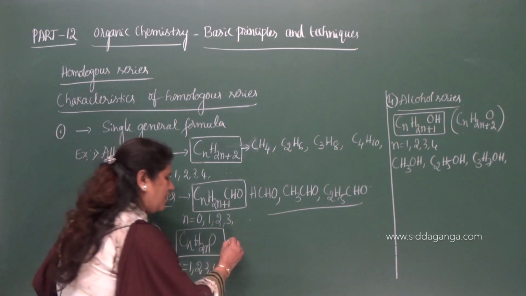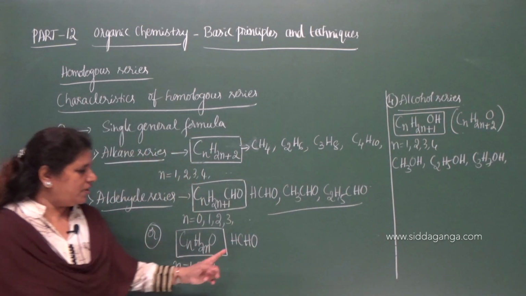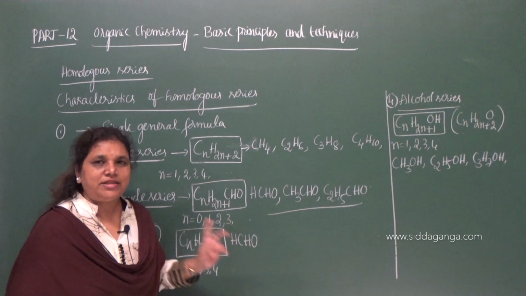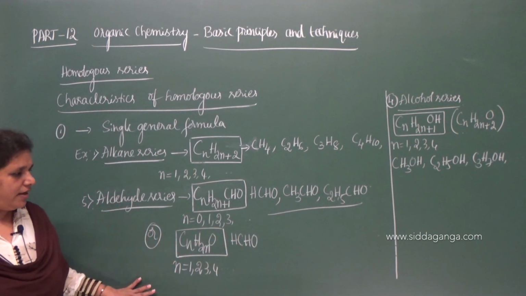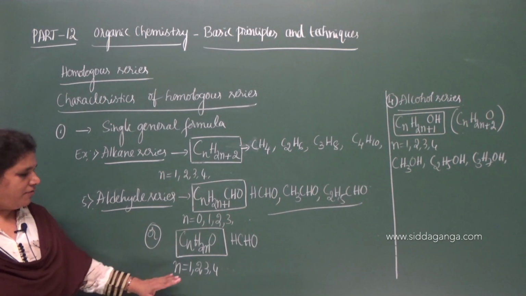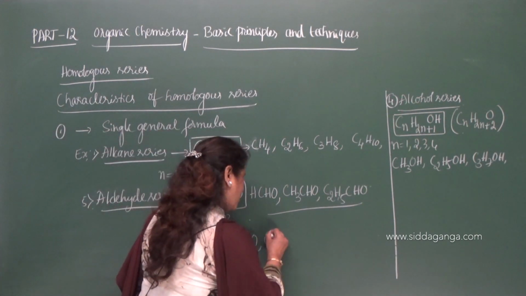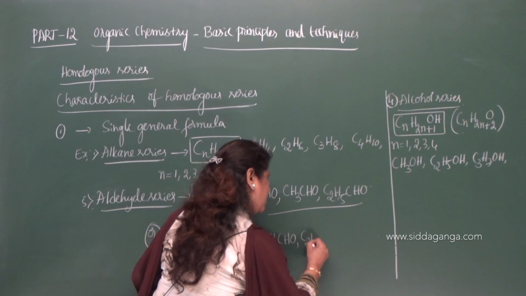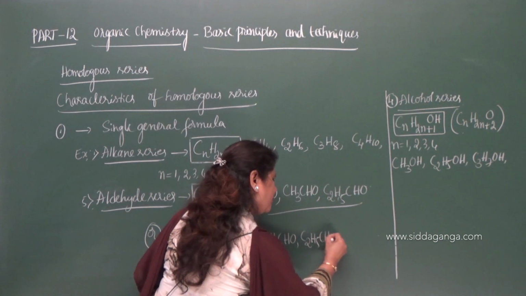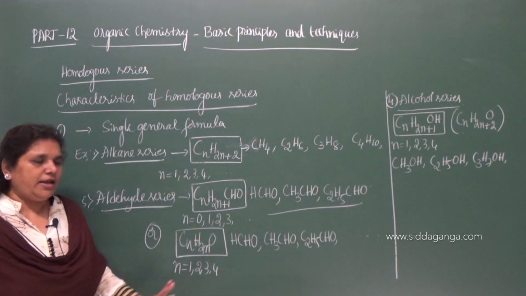CH2O can be written as HCHO. The first member of the aldehyde series is formaldehyde, which is obtained by giving n equal to 1. HCHO, then CH3CHO, then C2H5CHO. So like that you can give the members of the aldehyde series.